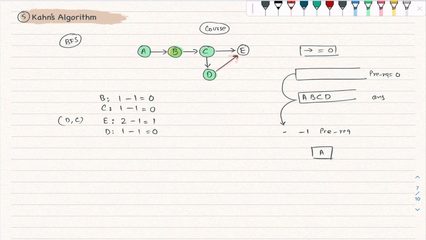Yes, E. So we decrement 1 from that, and we get E as 0. Now E is ready to study. We will put that in the queue, and finally we will study that. There is no other dependency, like out-degree, for E, and we have completed our course. That's it. So this is how Kahn's algorithm will work.